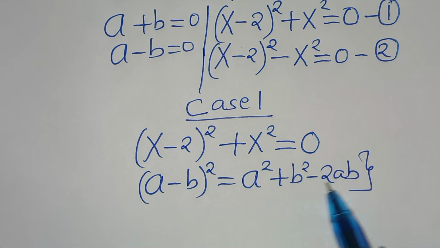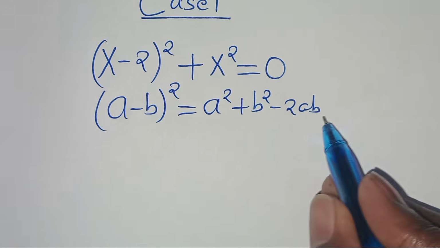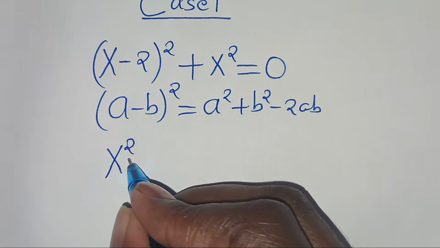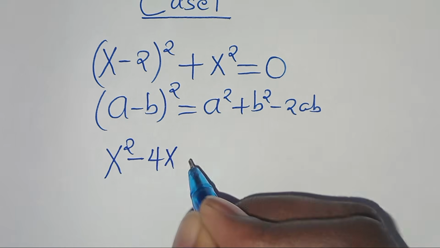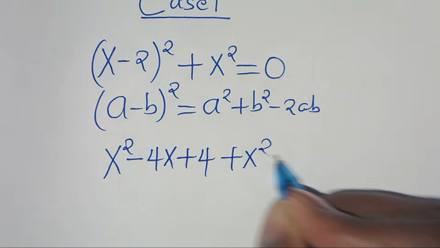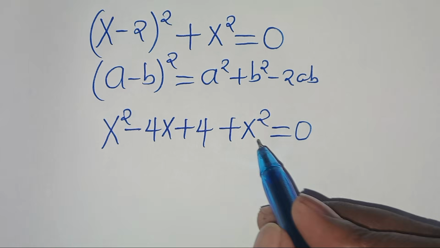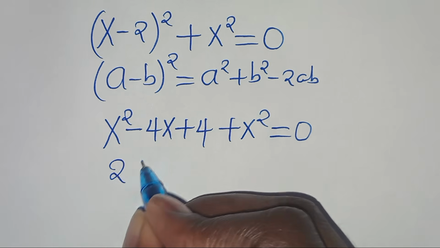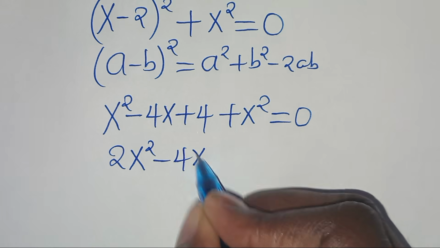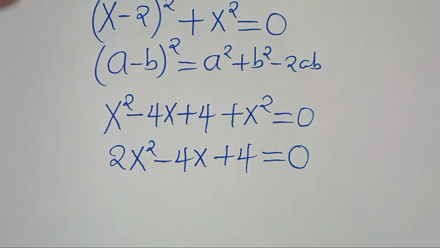Applying this algebraic identity, we have x^2 - 4x + 4, then plus x^2, equal to 0. x squared plus x squared is 2x^2 - 4x + 4, equal to 0.